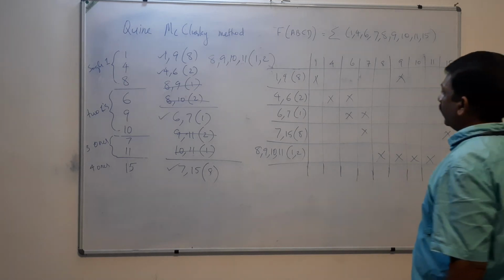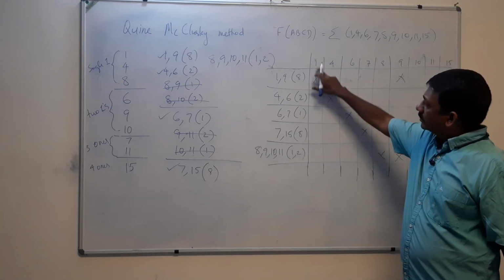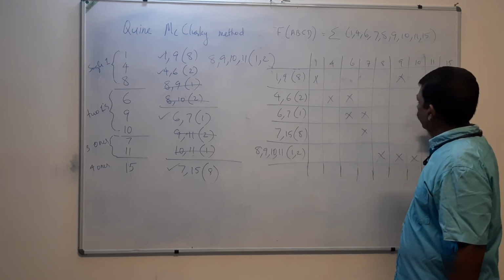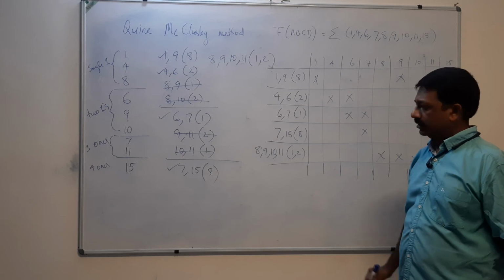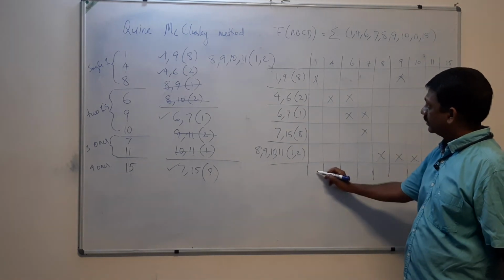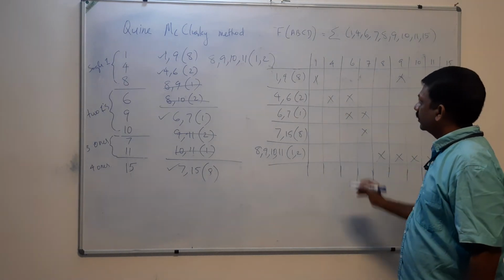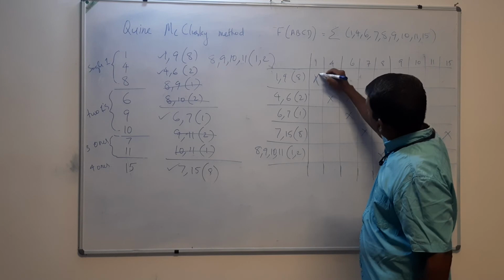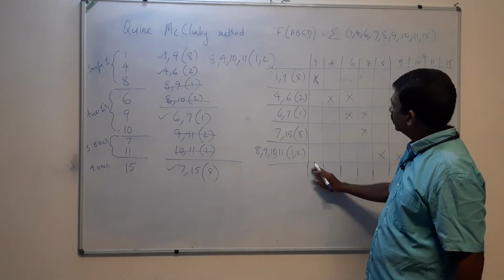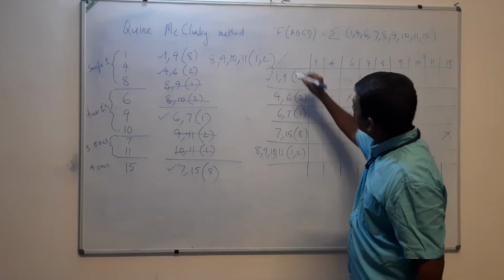So for finding out the essential prime implicants, for each column you have to check whether a single x is there. Here you have a single x. Here you have a single x. That means that prime implicant has to be selected. In this column we have only a single x, and if this has to come then you have to select this.